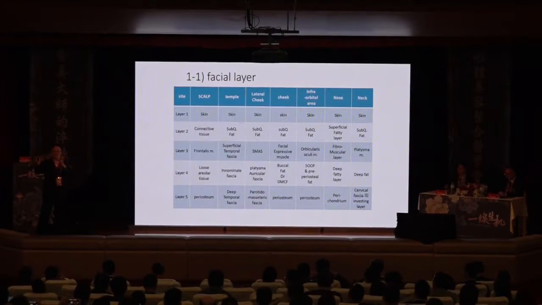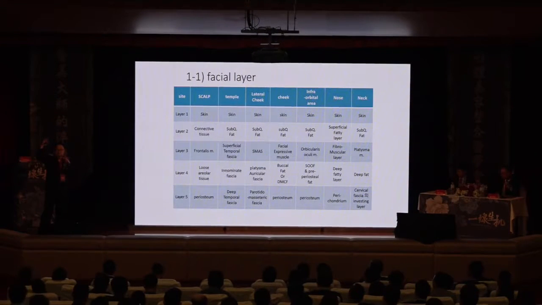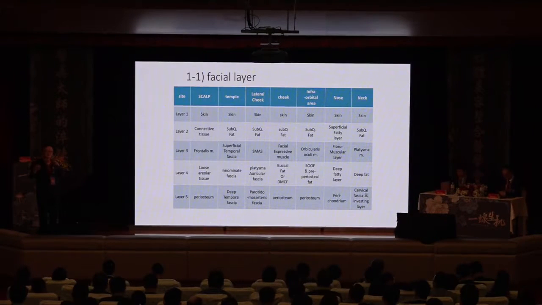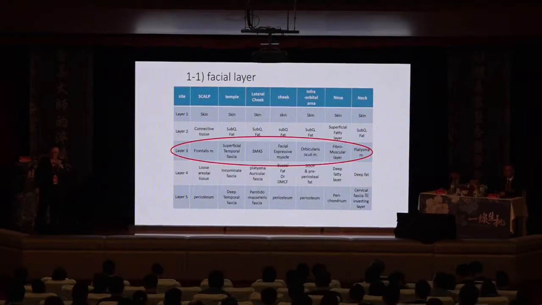So layer 3, we must understand layer 3. Very important. Layer 2 is above layer 3, and layer 4 is sub-SMAS or under the SMAS. The understanding of layer 3 is the most important.